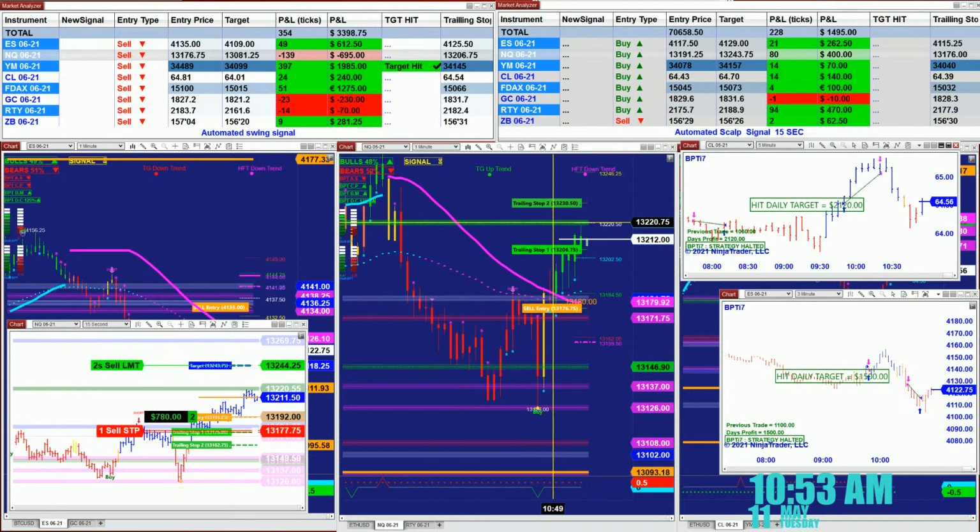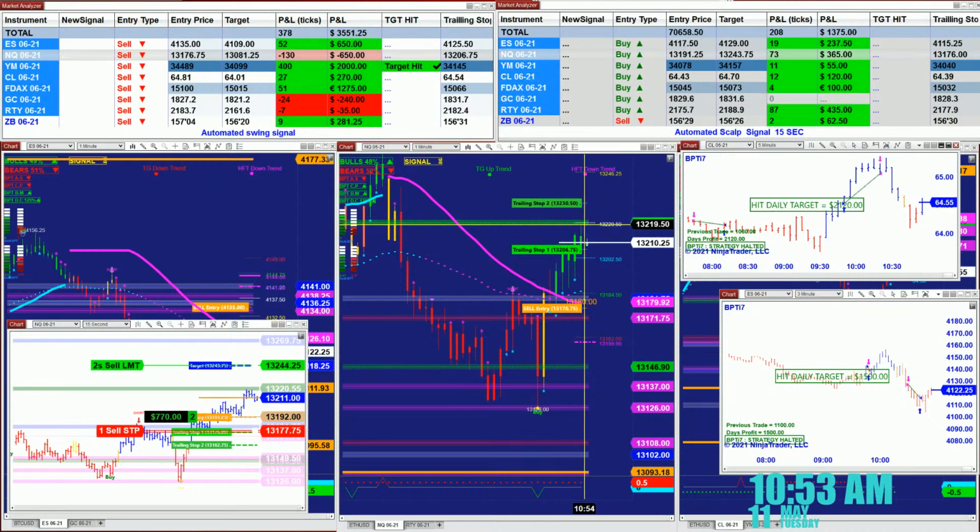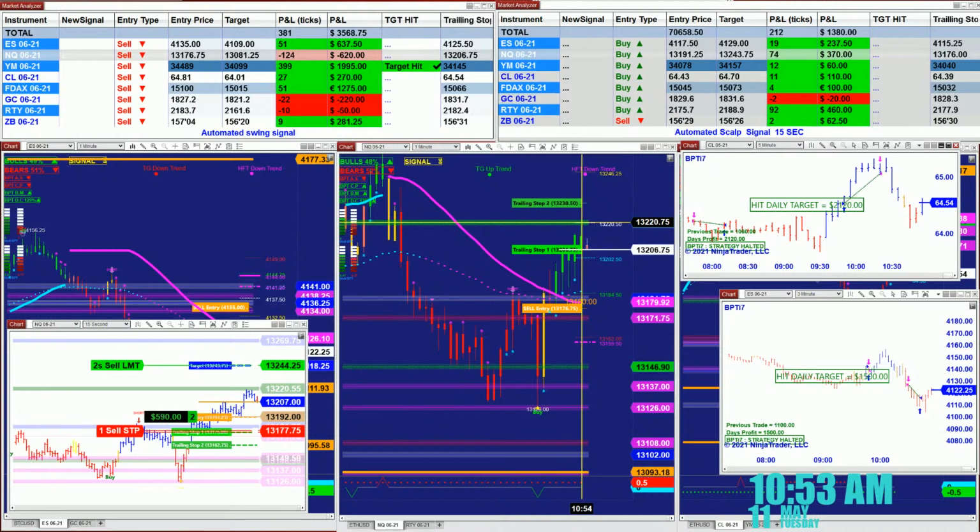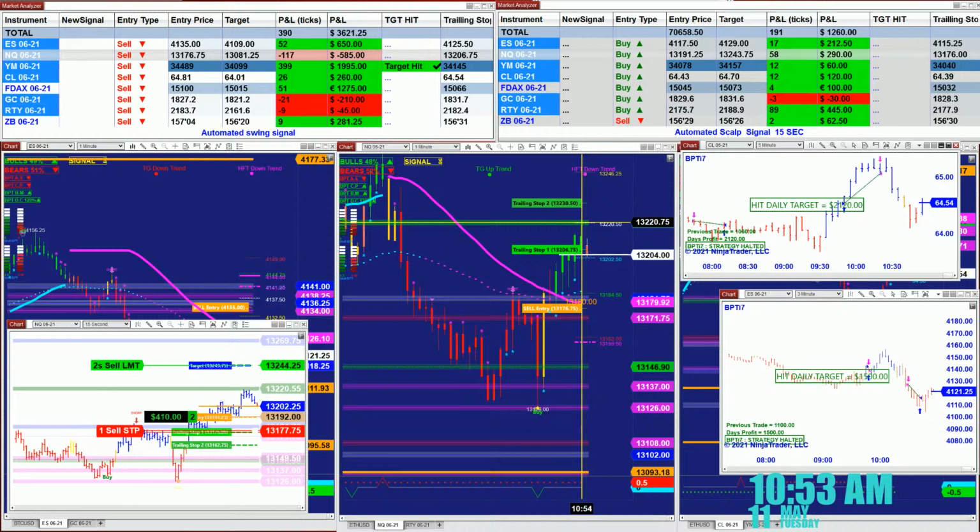And as we see here, the Nasdaq is sitting and trying to break that area. If we break that area, it's almost a $1,500 trade. And if the market is not able to break that 220, we're going to walk away with a big banana on this one.